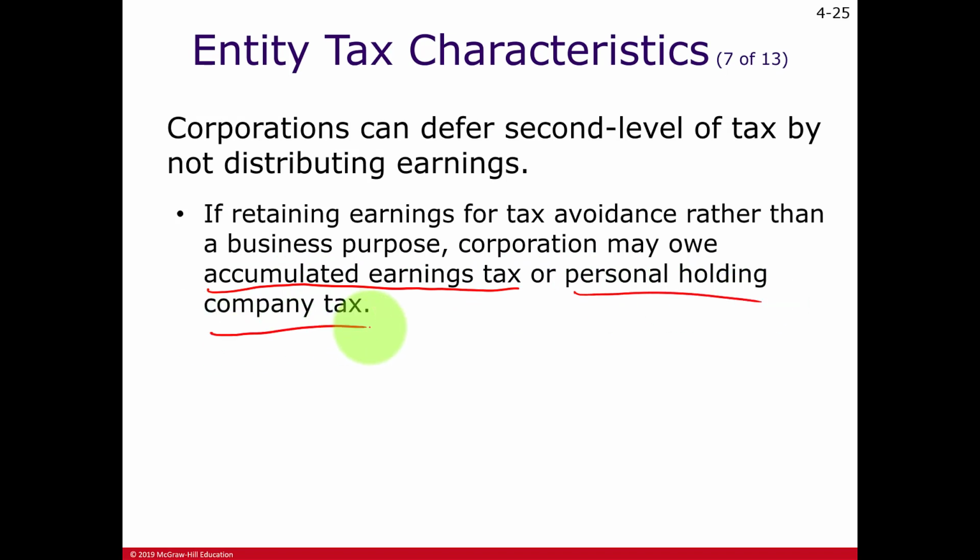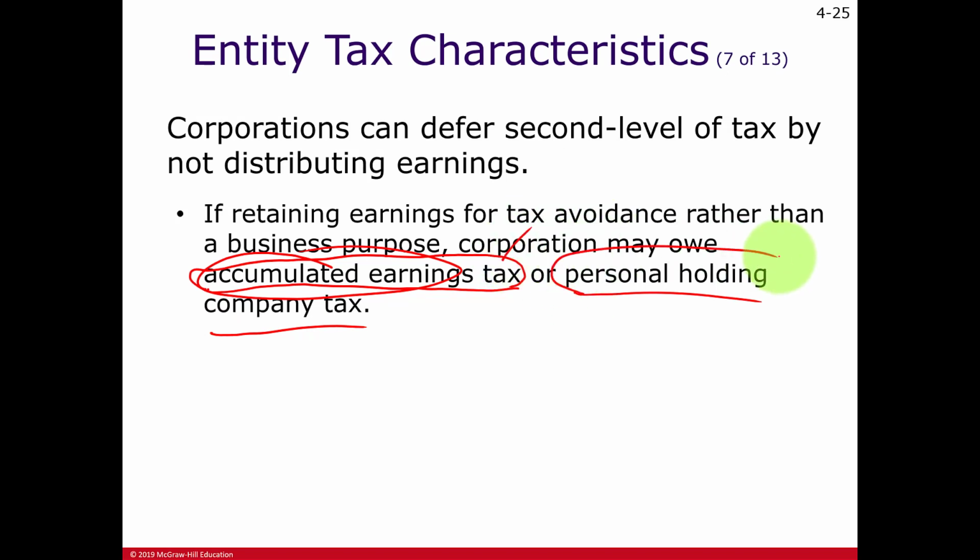And to be honest with you, I've never seen this in my life here. Typically, you would be audited, and then the IRS auditor would say, hey, you've accumulated too much earnings. You should be paying that out as a dividend. But it's justifiable to keep earnings if you have plans for it, like an expansion, a reserve for a liability, and that would now defer or cancel out any of this accumulated earnings tax.